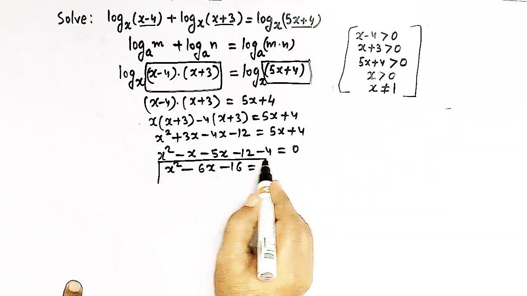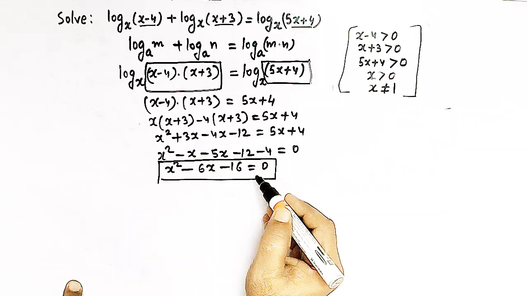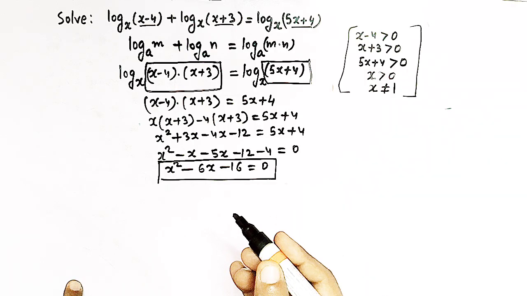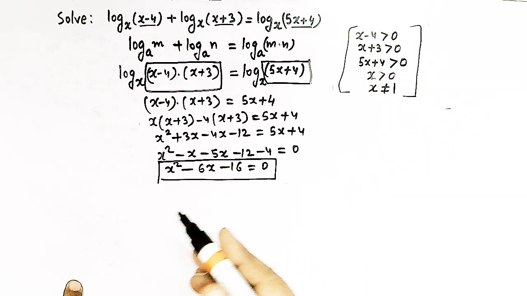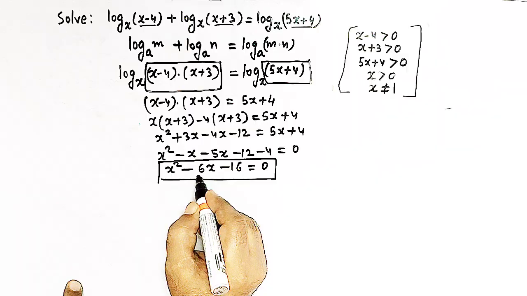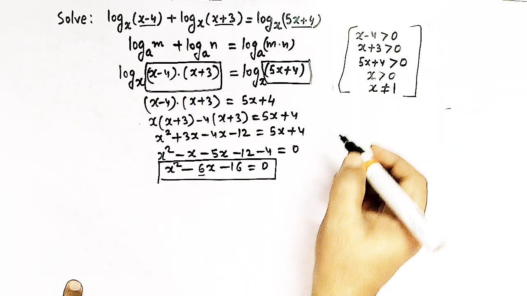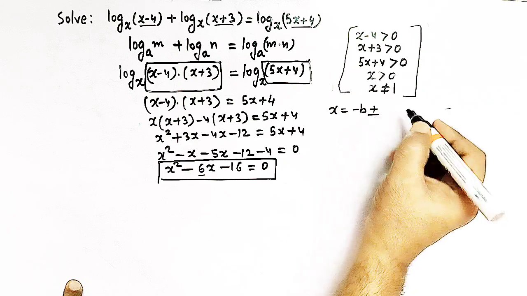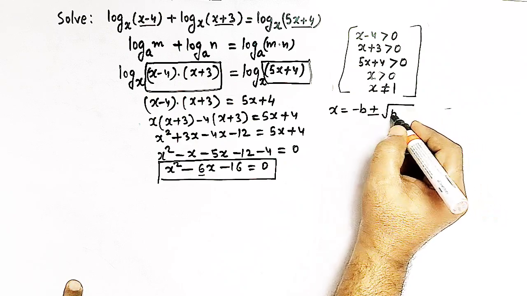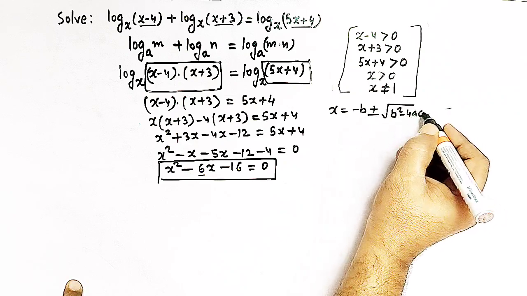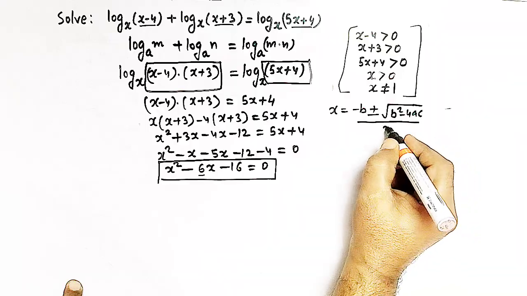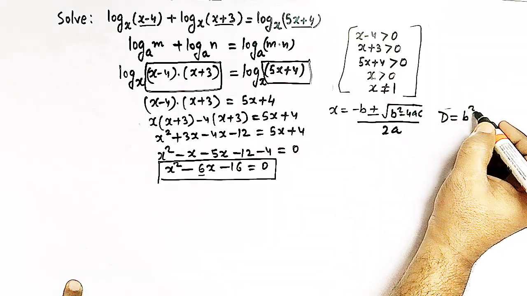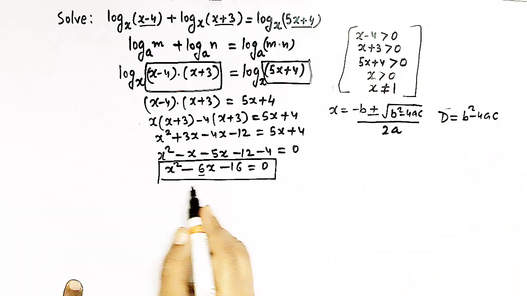So now we have a quadratic equation, and we can solve this quadratic equation either by using the method of splitting the middle term, or using the quadratic formula, that is x is equal to minus b plus minus square root of b square minus 4ac over 2a, where the discriminant d is b square minus 4ac, right?